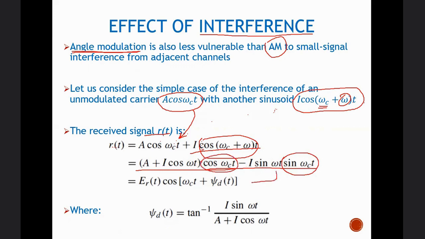Using a trigonometric identity, we can reduce this expression to this one, where E_R(t) represents the magnitude of this carrier, and φ_d(t) is the phase. φ_d(t) can be obtained using the inverse tangent. The quadrature component appears in the numerator, and the in-phase component appears in the denominator. So this is φ_d(t).